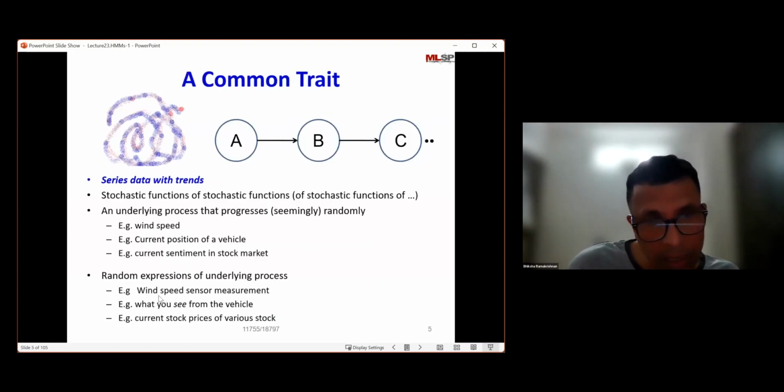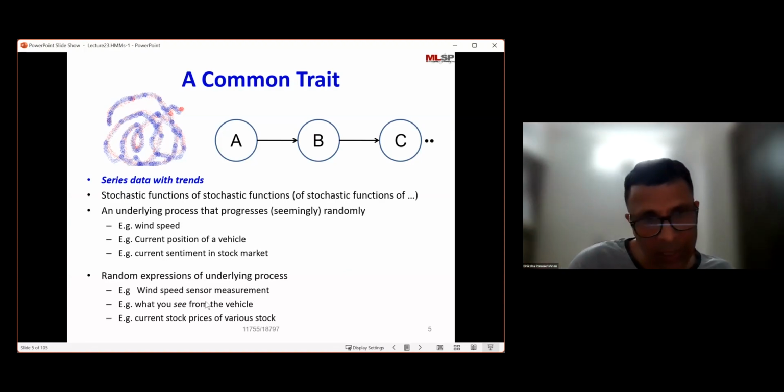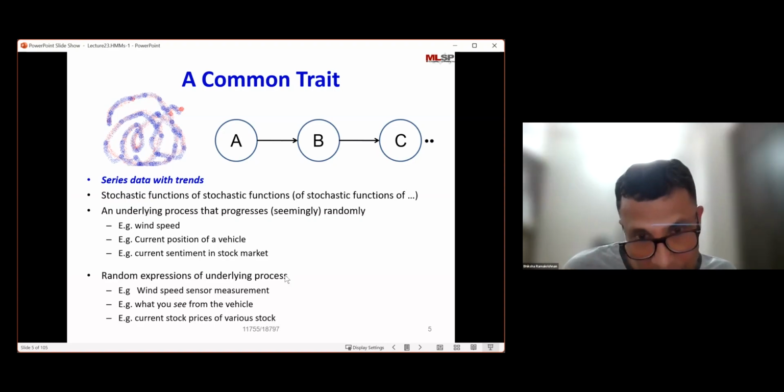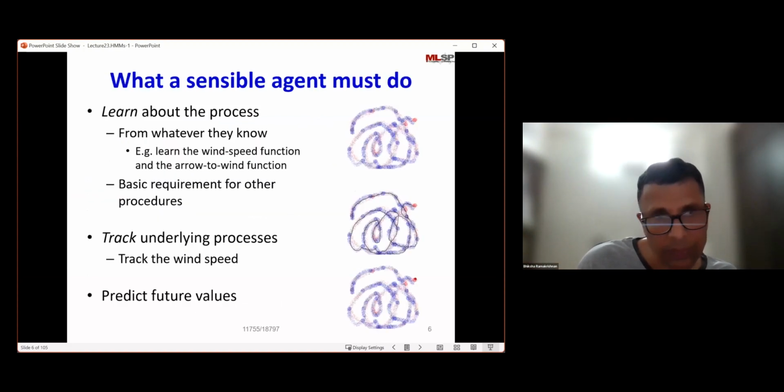So what you will observe are going to be functions of this underlying process, like the arrow position or things you see from the vehicle or the current stock prices of various stocks. Now, the current stock prices are random functions of the current sentiment, which is a random function itself. So all of these are stochastic functions of stochastic functions.